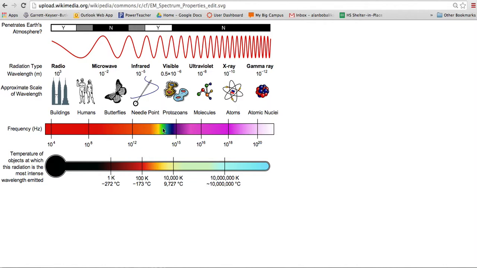Here's our visible light. The red end of the spectrum is longer wavelengths. The further we go to the left on this spectrum, the wavelengths are getting longer and longer. So red light waves are longer wavelengths. On the blue end of visible light, the wavelengths are shorter. So down here we have shorter wavelengths anytime you see blue light.